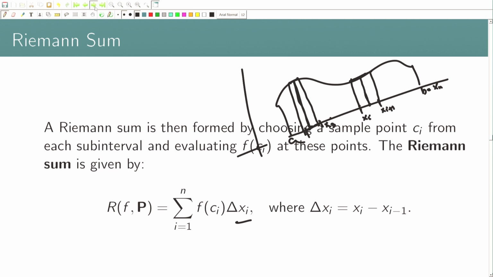So what we have got is the Riemann sum, the sum of f of c i delta x i.